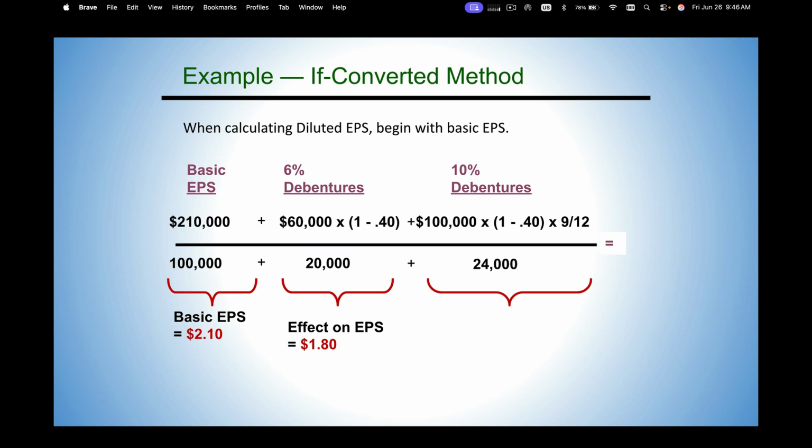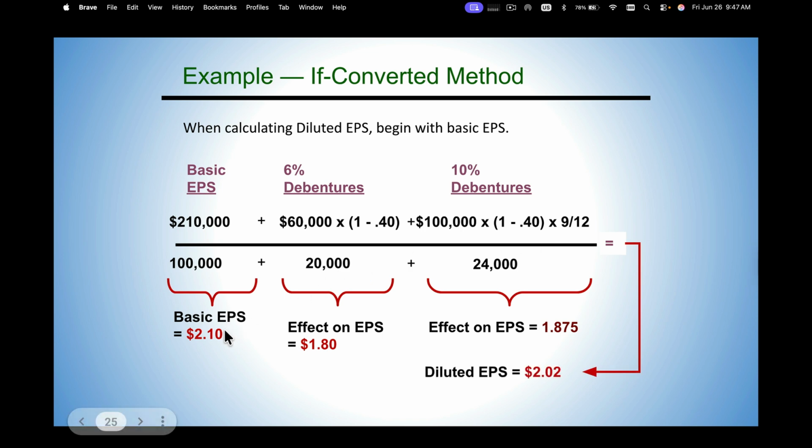They're convertible into 32,000, but we weight that by 9/12. And so the effect of that is going to be $1.875. Altogether, they are dilutive, such that the earnings per share that was previously $2.10 per share is now $2.02. And so we need to report both of these numbers, basic and diluted, on the face of the financial statement.